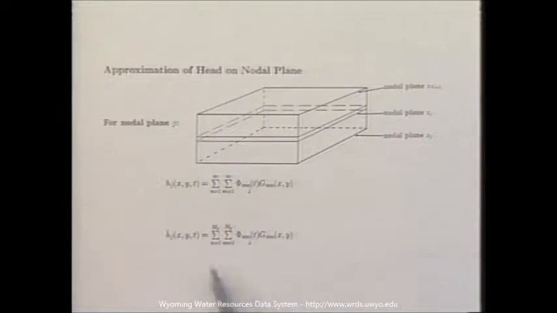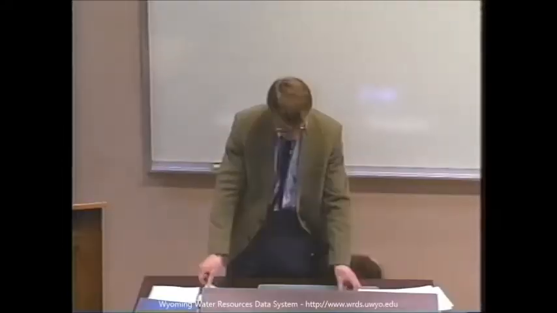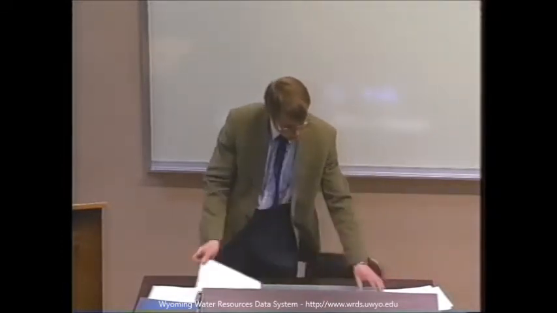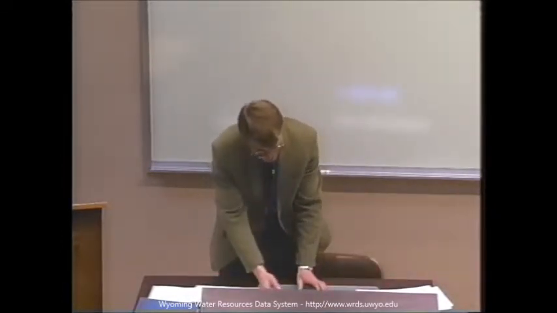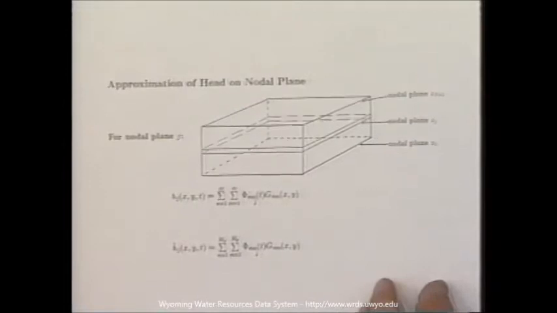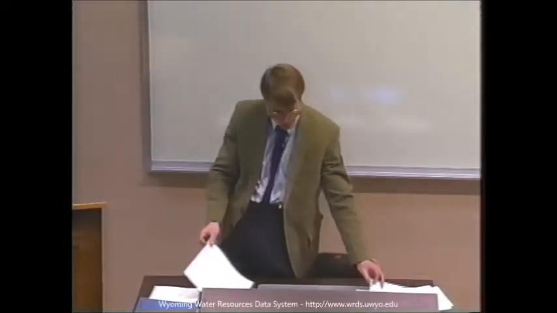I can approximate that function by truncating the series. And that's precisely what we do. The question is, what happens if we aren't on a nodal plane but somewhere in between? So we have to come up with a way to handle that.